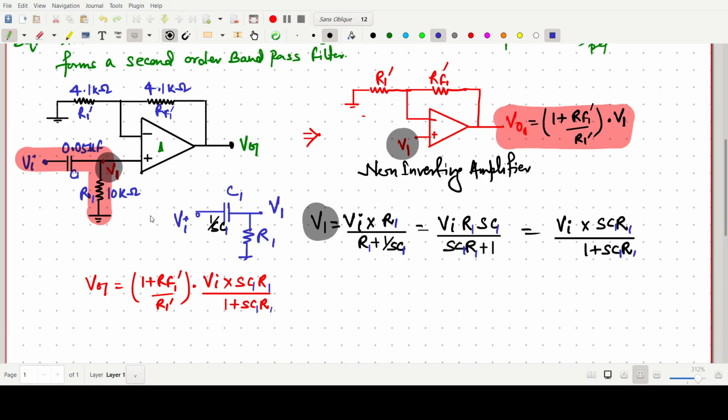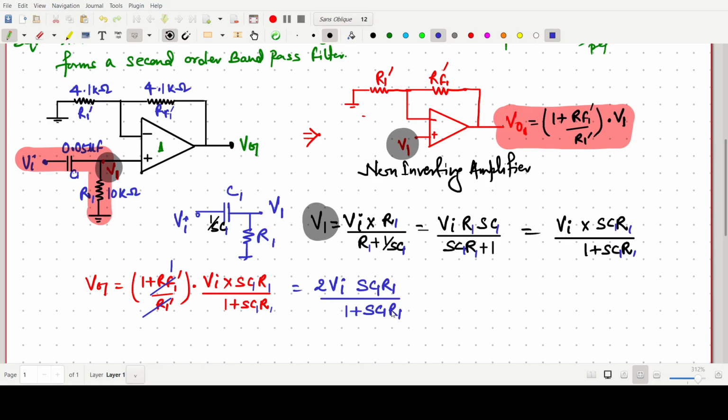For the first op-amp, RF dash 1 and R1 dash are the same, so they cancel out. So the final value will be twice Vi SC1 R1 upon 1 plus SC1 R1. Is it okay?